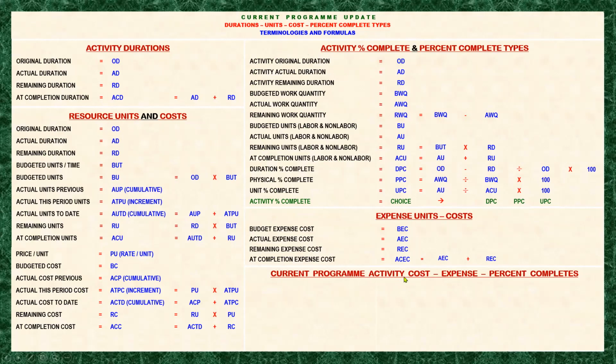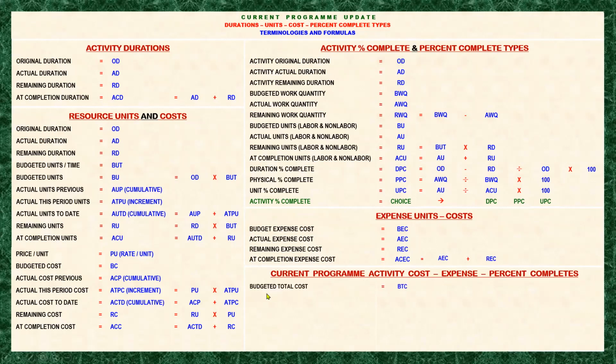When we say activity cost, that is the total of the cost of the resources assigned to the activity, or not only the resources, but also the expense cost assigned to the activity. So the percentage is intended for the activity, not for the resource. Remember that always. Resource percent complete is different from the activity percent complete, because activity percent complete is the total of the resource percent complete. Okay, you get me? I hope so.